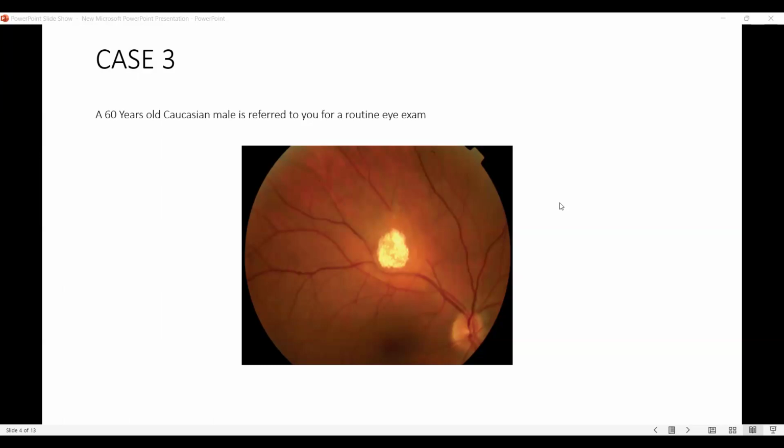Then what could be the differential diagnosis for this patient? Foreign body could be, but unlikely, I think.